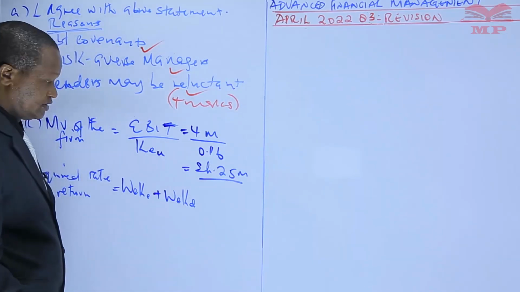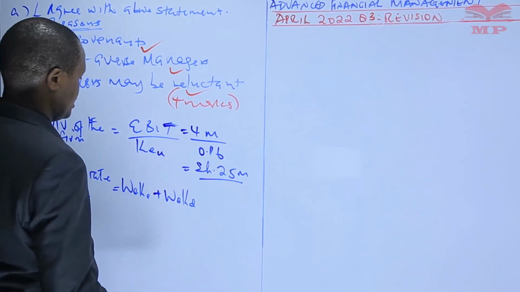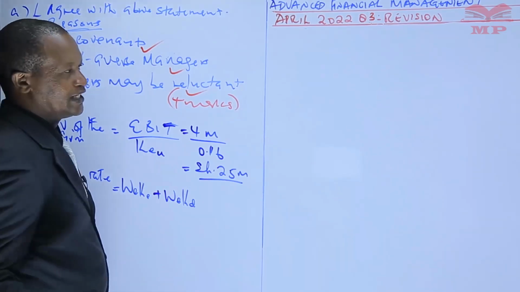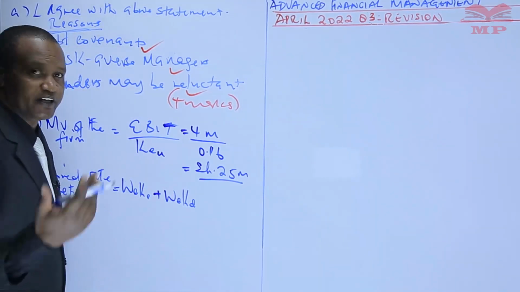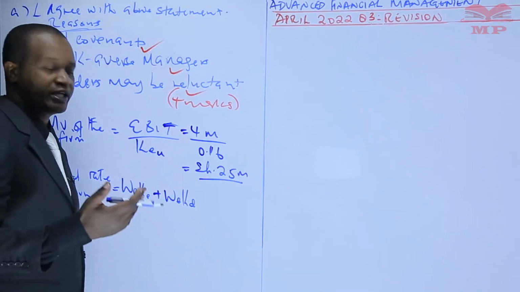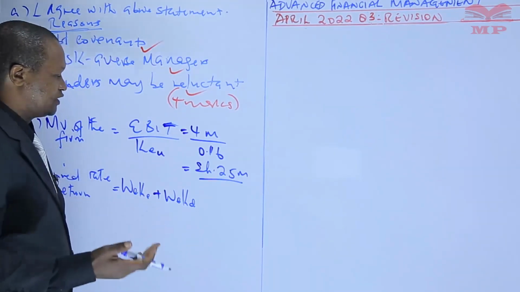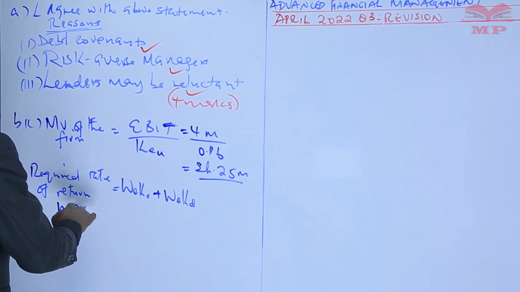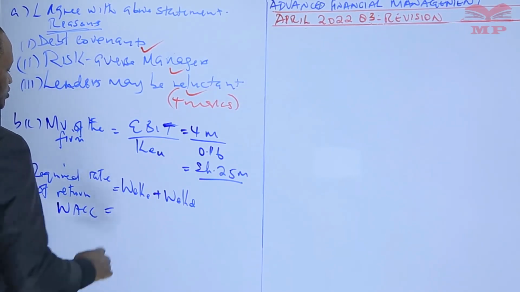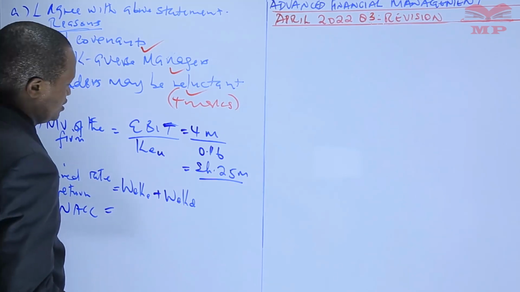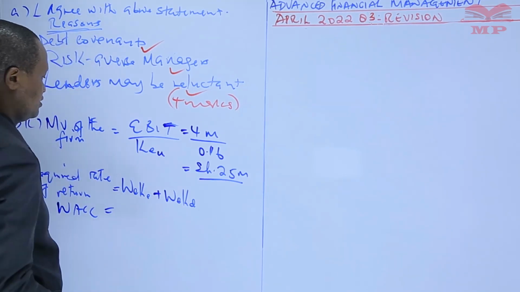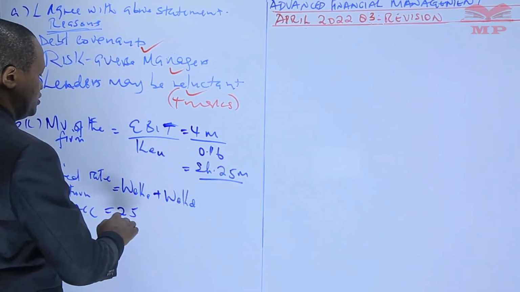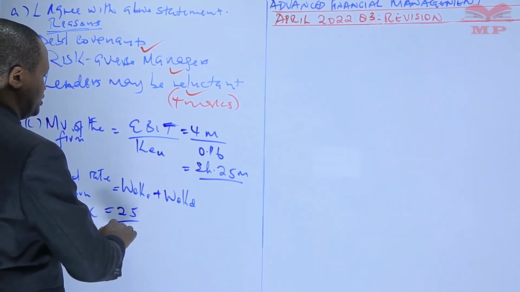There are no taxes. So candidate, the required rate of return of an unlevered firm is the same as the weighted average cost of capital. So the weighted average cost of capital will be equal to the weight, which is 25 over 25.